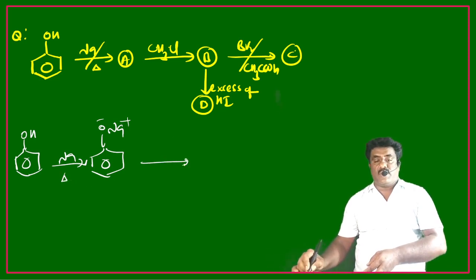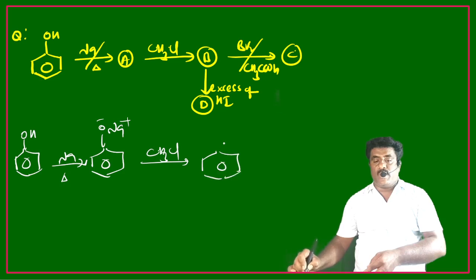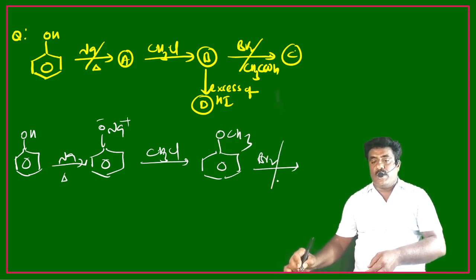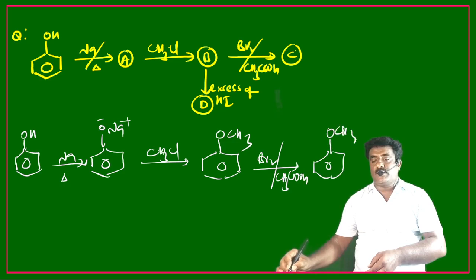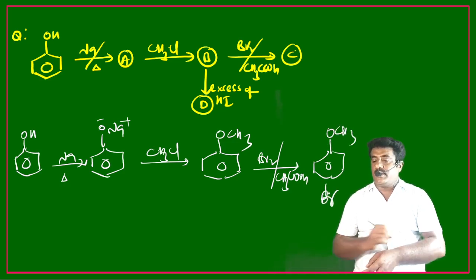The sodium phenoxide with methyl chloride, CH3Cl, forms anisole, OCH3. Again OCH3 in presence of Br2 in presence of ethanolic acid forms para-bromoanisole. Yes, para-bromoanisole is the major product.